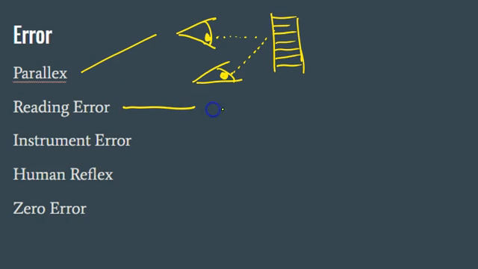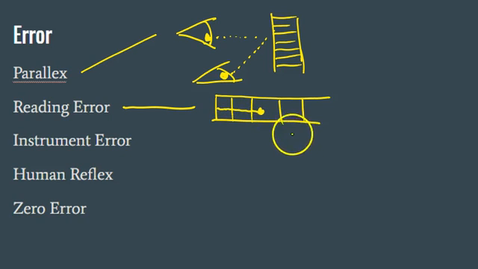Reading error is where you have a scale, but the problem is you have to make some little guesses in it, because whatever you're measuring actually comes to halfway along or partway along that scale, and you actually have to guess how much it actually is. So when it comes to this, the closest accuracy you really can get is halfway between the two units that are marked on your scale.